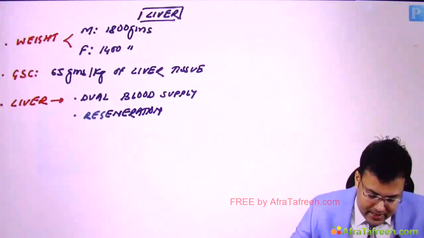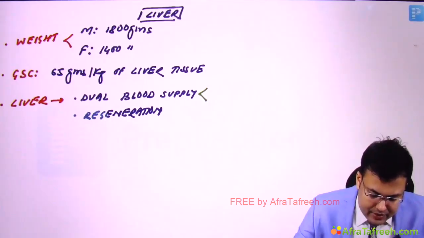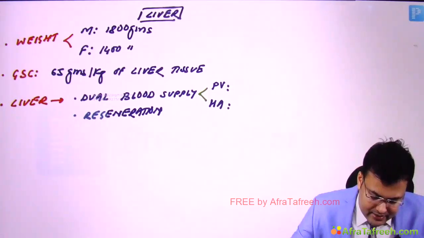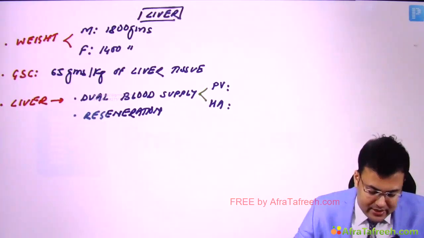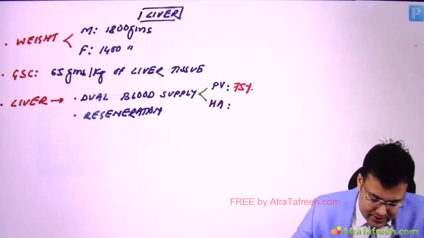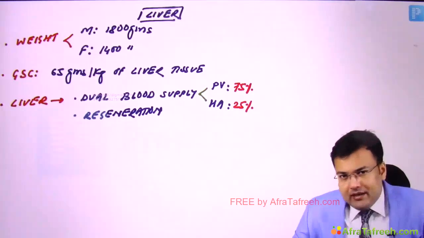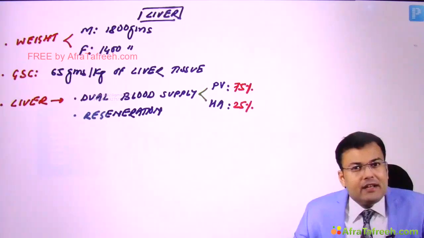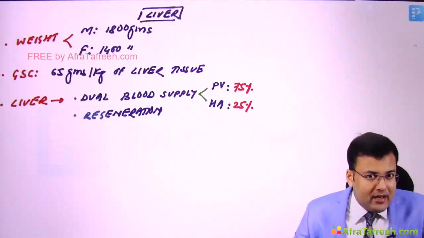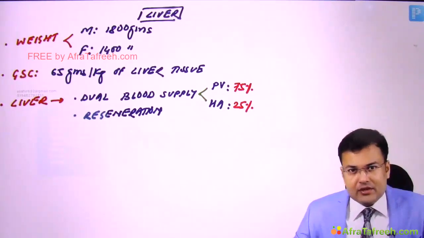In dual blood supply, 75% comes from portal vein and 25% from hepatic artery, right? Now in portal vein the blood is mainly deoxygenated. So despite 75% blood supply by portal vein, it is going to supply only 50 to 70% of oxygen.